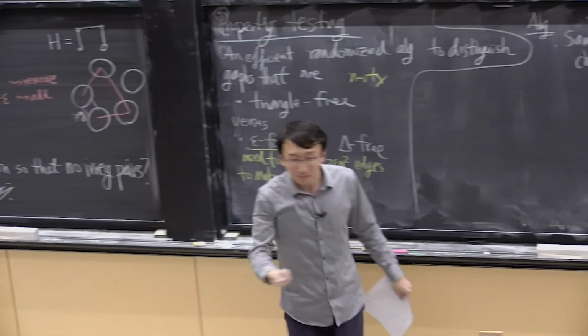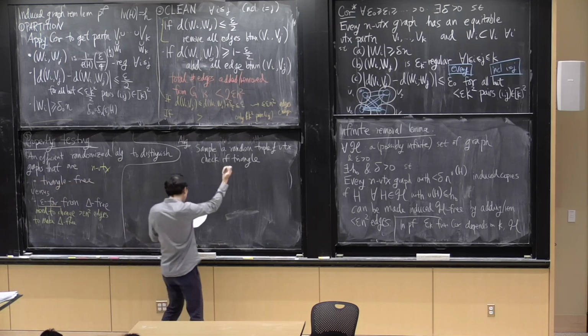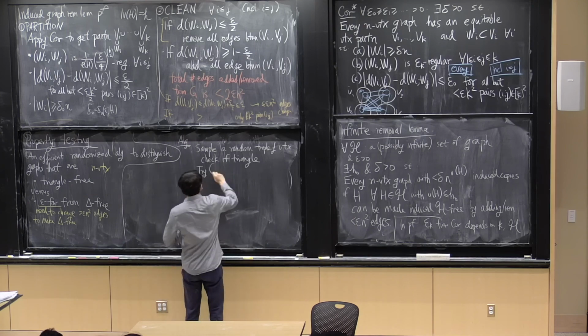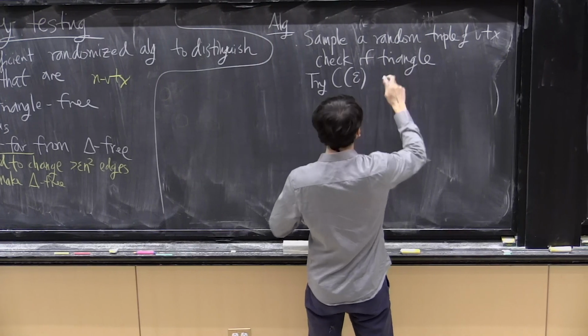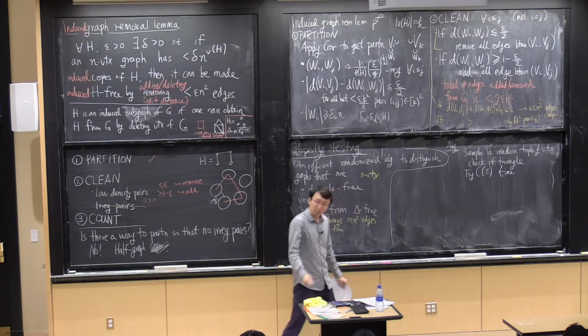Okay, so you do this. And just to make our life a bit more secure, let's try it some larger number of times, so some C of epsilon, some constant number of times.